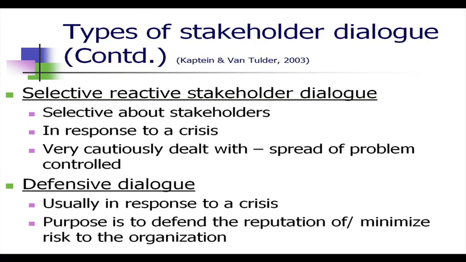They are selectively chosen so that the choice is not in a position to threaten or influence the organization. This usually happens in response to a crisis, and these stakeholders are very cautiously dealt with. The spread of the problem is controlled. Many times the information regarding this dialogue is not made public.